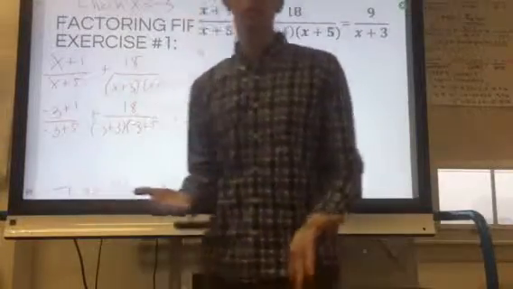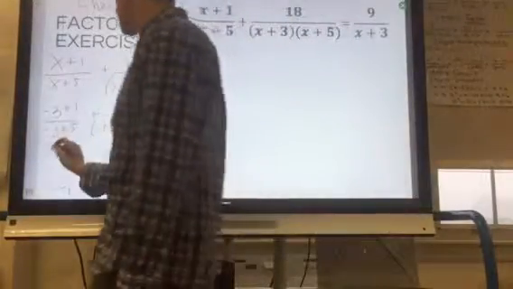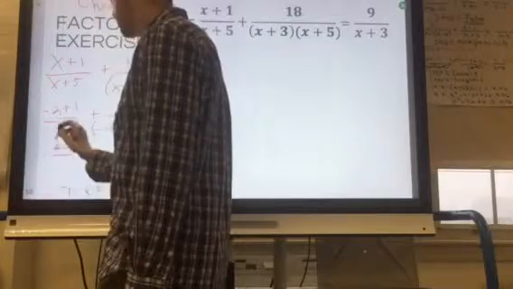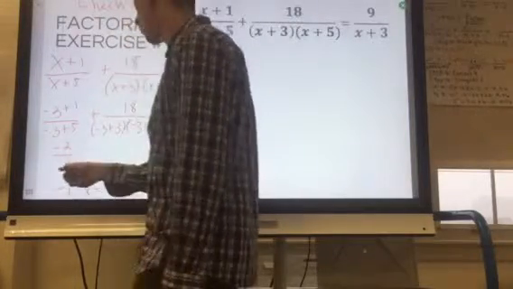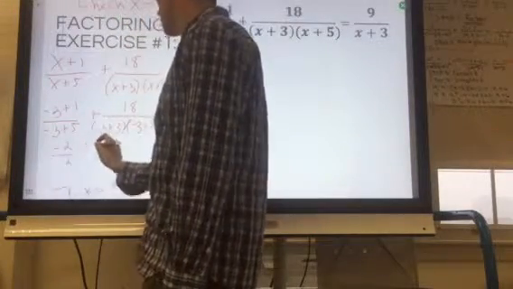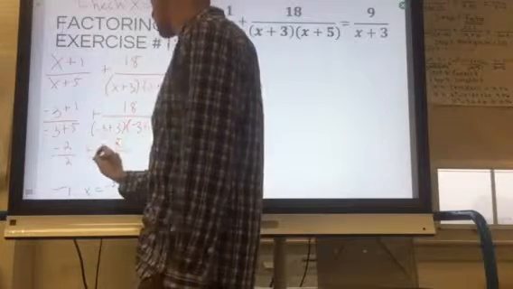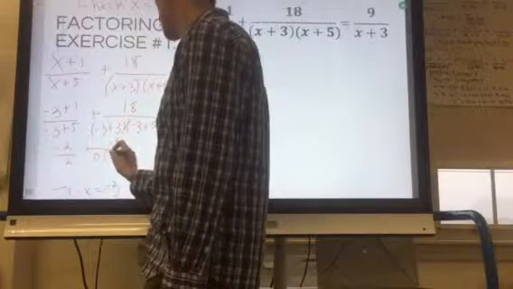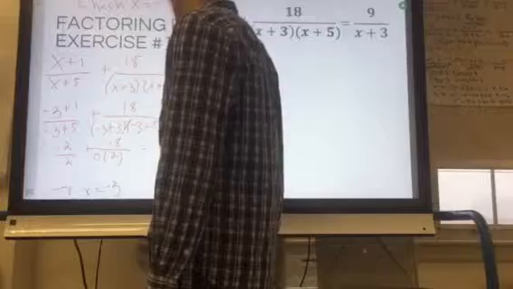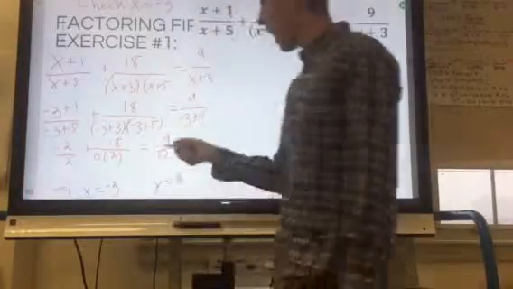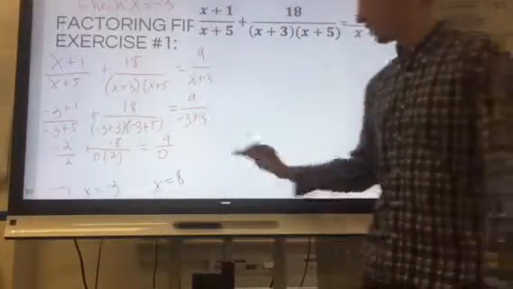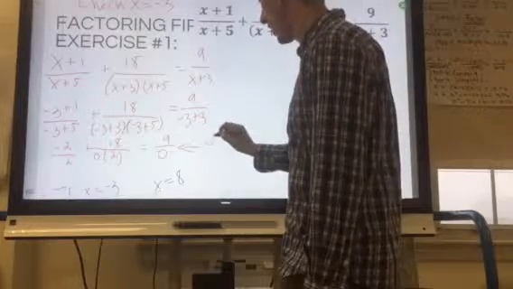So let's do our next step and simplify. This is going to be negative 2 over positive 2, sorry, plus 18 over 0 times 2 equals 9 over 0. I got a 0 in the denominator. This here is undefined.